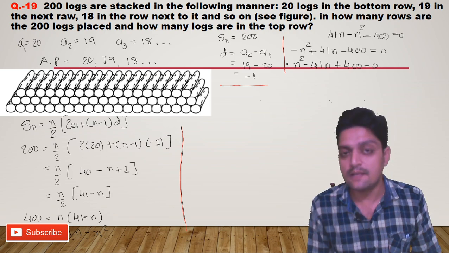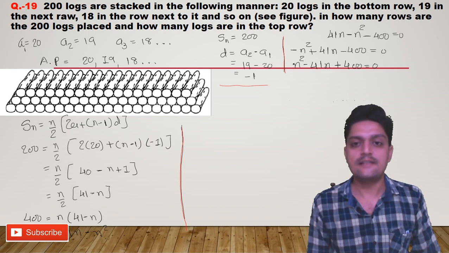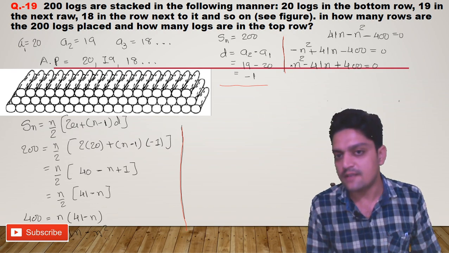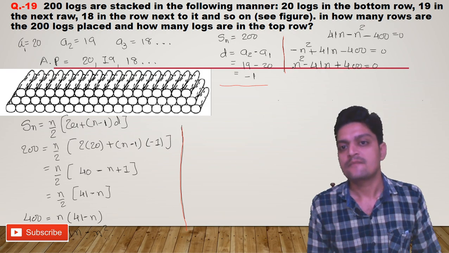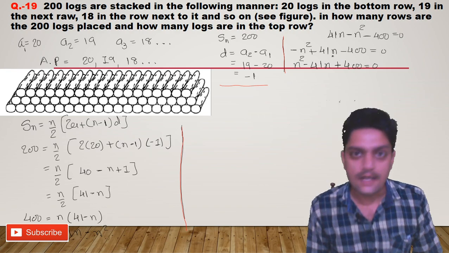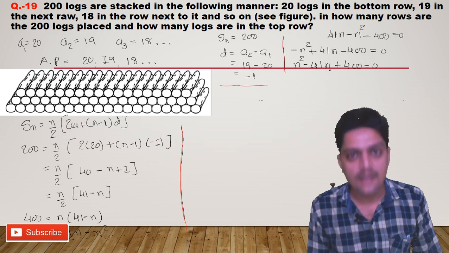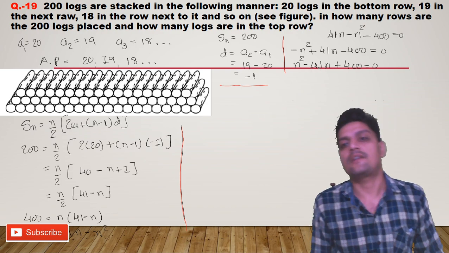So n square minus 41n plus 400, means you have to multiply the first term. The coefficient of n square is nothing written, so nothing means 1. So 1 into 400, we have to divide 400 in such a manner that the addition gives minus 41.